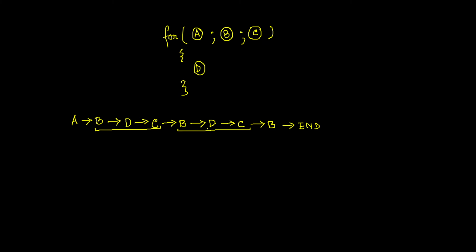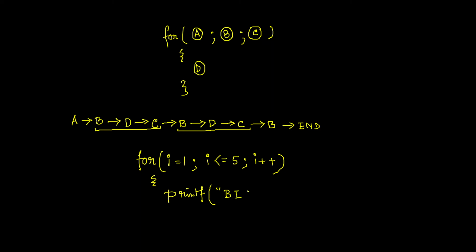Now you can write anything in these four parts. For example, traditionally a for loop looks like: for i equal to 1, i less than or equal to 5, i plus plus, and within this we have printf.